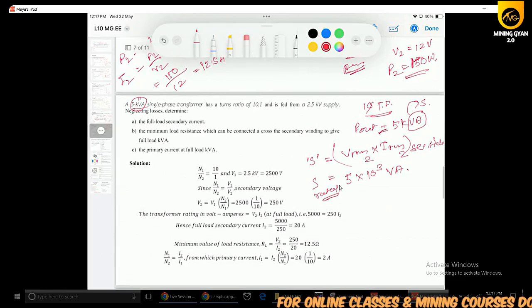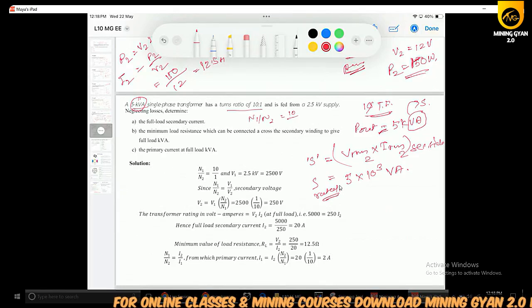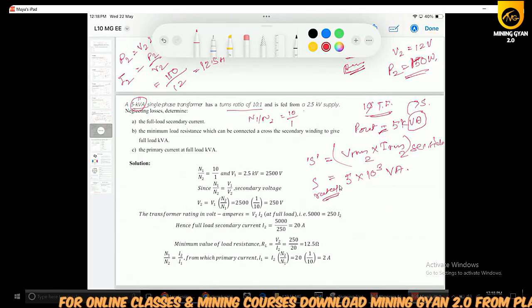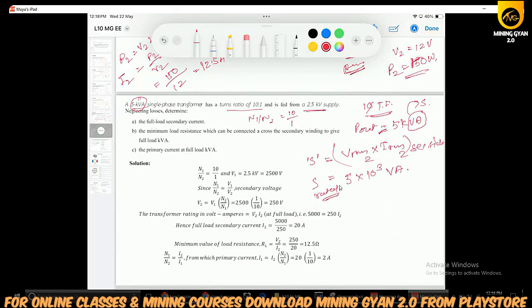Then this transformer has a turns ratio of 10:1, means N1 by N2 is 10 by 1. Okay, and is fed from a 2.5 kV supply, means V1 is 2.5 kilovolts. Then neglecting the losses means you have to neglect copper losses and iron losses.